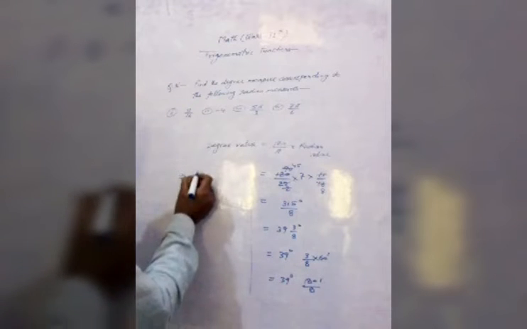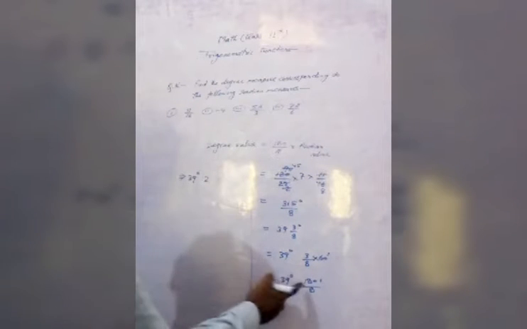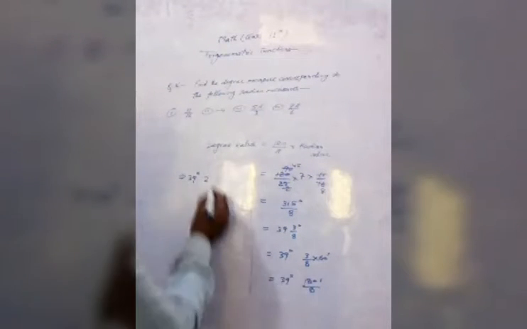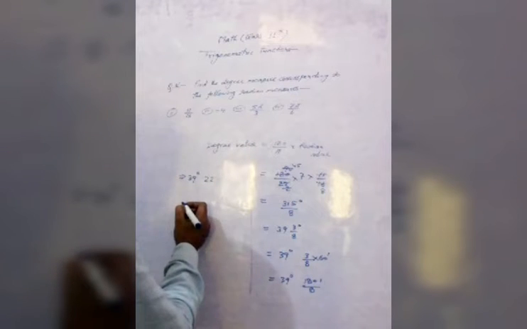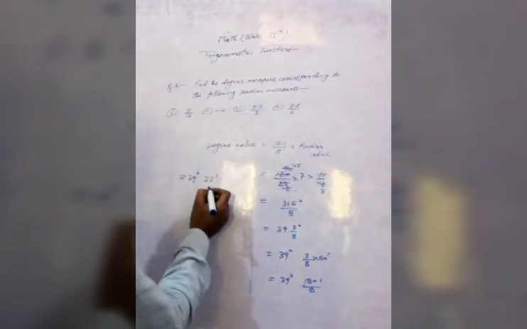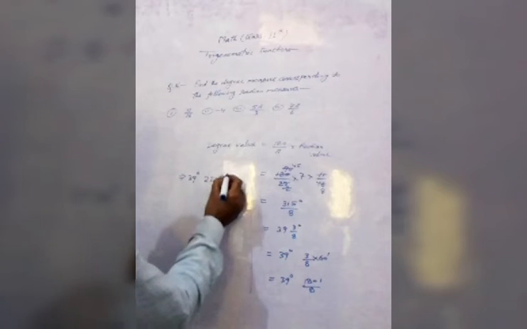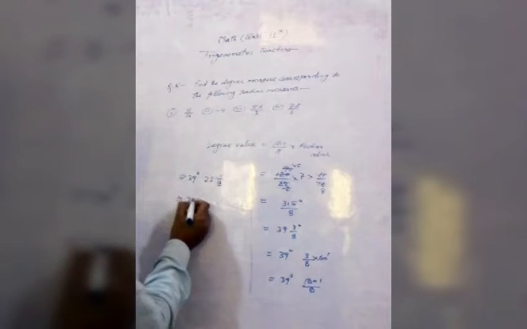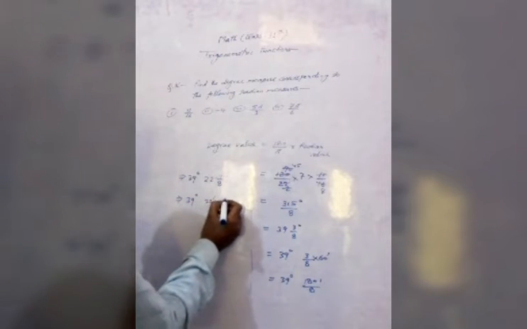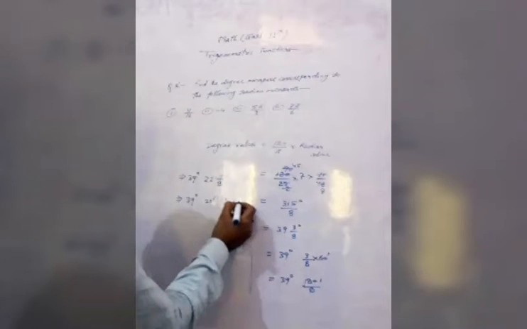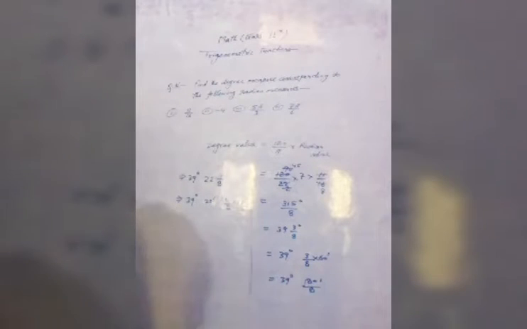We get 39 degree, and this is 8 2 is 16, 2 8 2 is 16, 4 22 minute, 22 whole 4 by 8 minute. We get 39 degree, 22 minute, 4 by 8 minute is 4 by 8 into 60 second.